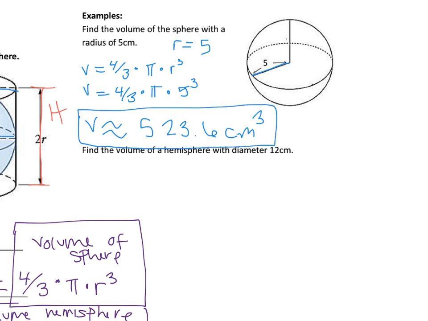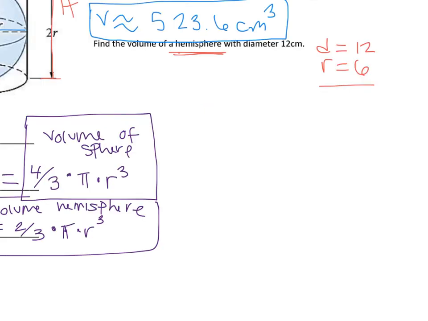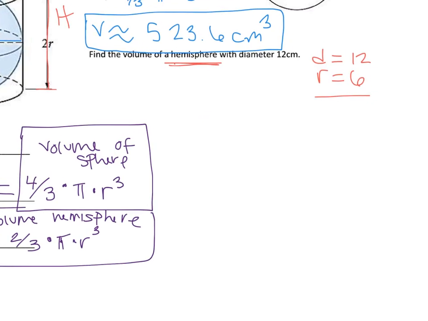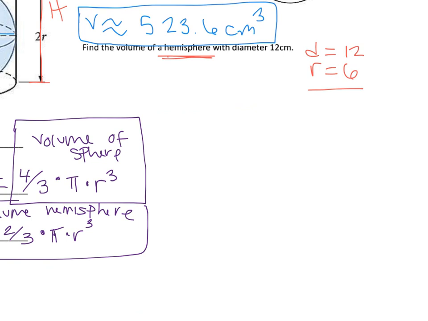All right, now find the volume of a hemisphere with a diameter of 12. If the diameter is 12, that means the radius is half of it, 6. So go ahead and try to find the volume of a hemisphere knowing that the radius is 6, and use your formula, please. All right, we should have used our new formula, which is 2/3 times pi times the radius cubed.